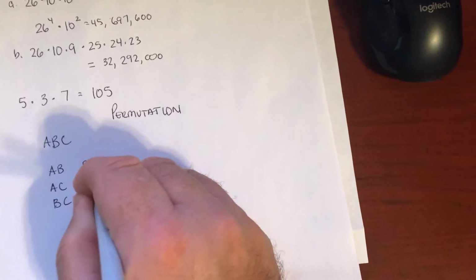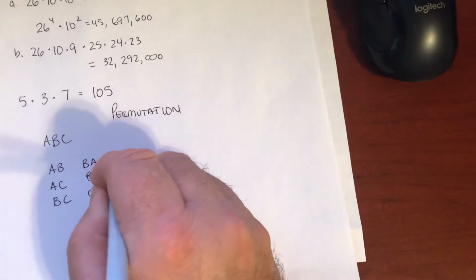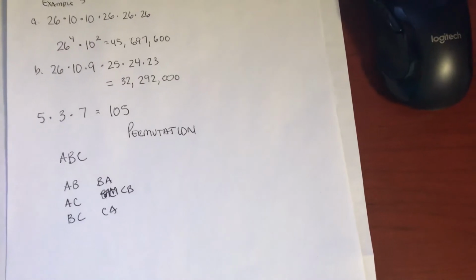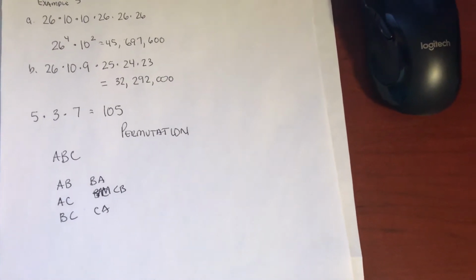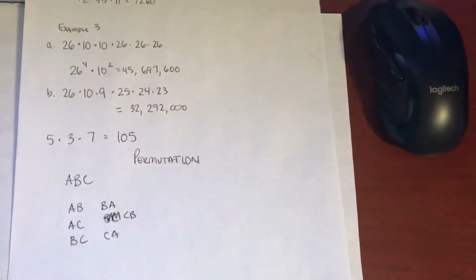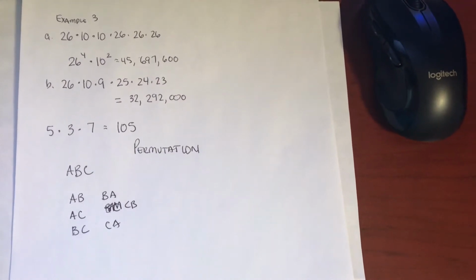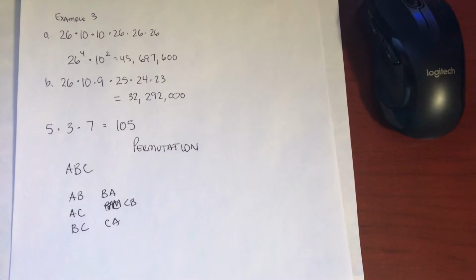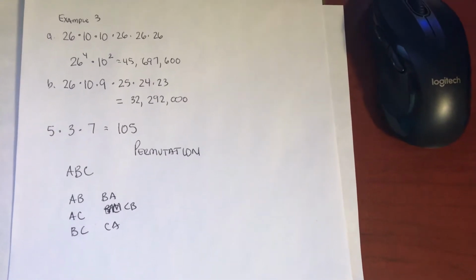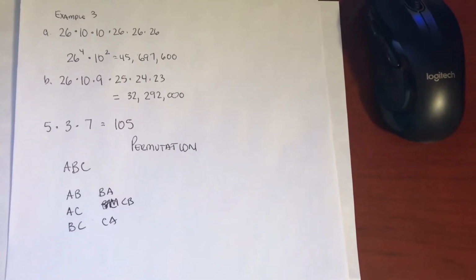I already have BC. This should be CB. Okay, those are the different ways that I can order two letters from the letters A, B, and C. That's a total of 6 different ways.